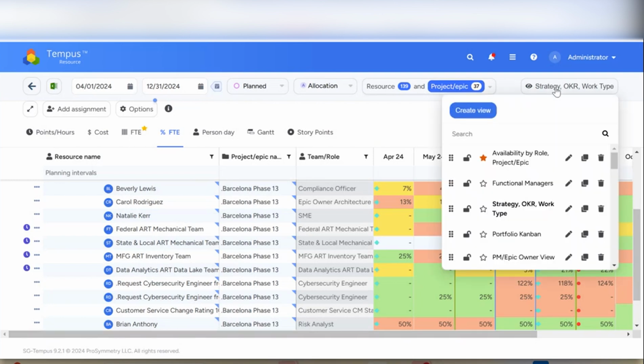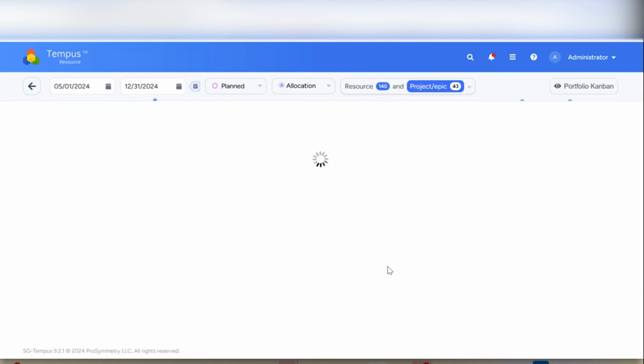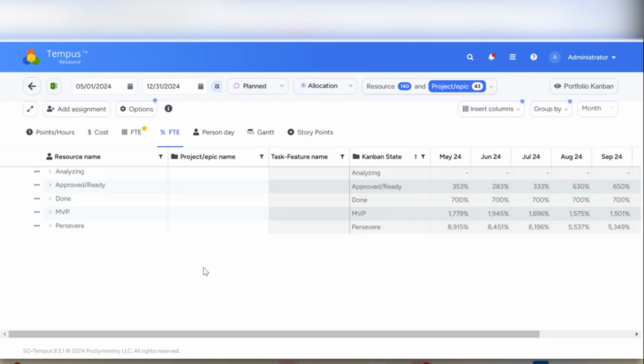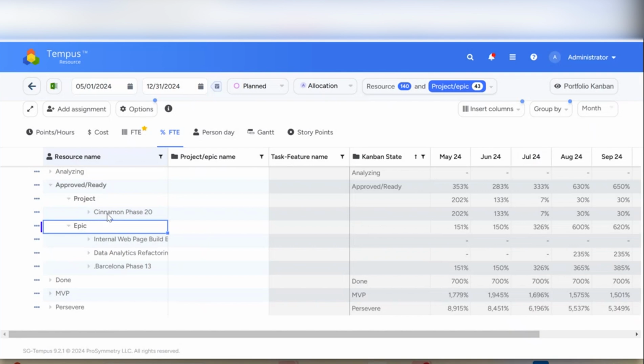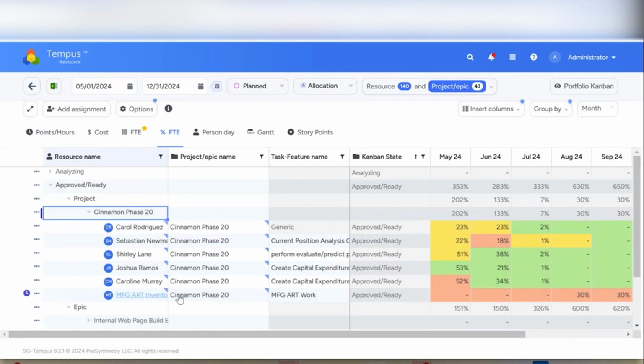Other views that are particularly handy. If you're doing this from a straight up Agile perspective, why not look at your portfolio Kanban from a capacity perspective, right? It's not just about WIP. I would submit to you that work in progress is nowhere near as accurate as reasonable estimates, across projects and epics that show, hey, here's my team, and it's red.